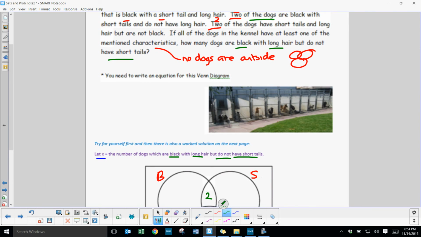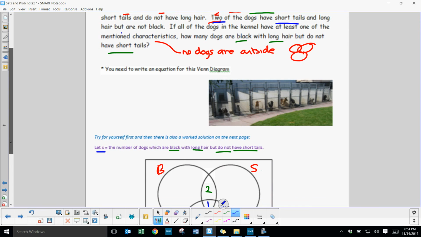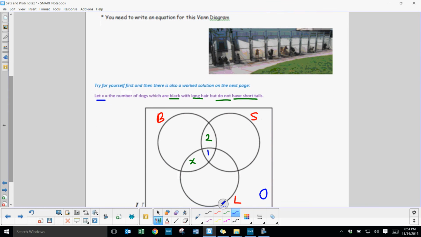That might be worth putting a little note, just so you look back on it and realise where that came from. Another thing is 2 of the dogs have short tails and long hair but are not black. That would be right here, because it's short tails, long hair, and not part of the black circle.